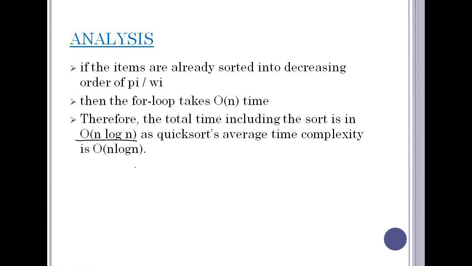So the total complexity is big O of n log n plus big O of n, which solves to big O of n log n. So for the greedy approach, the computing time is big O of n log n.